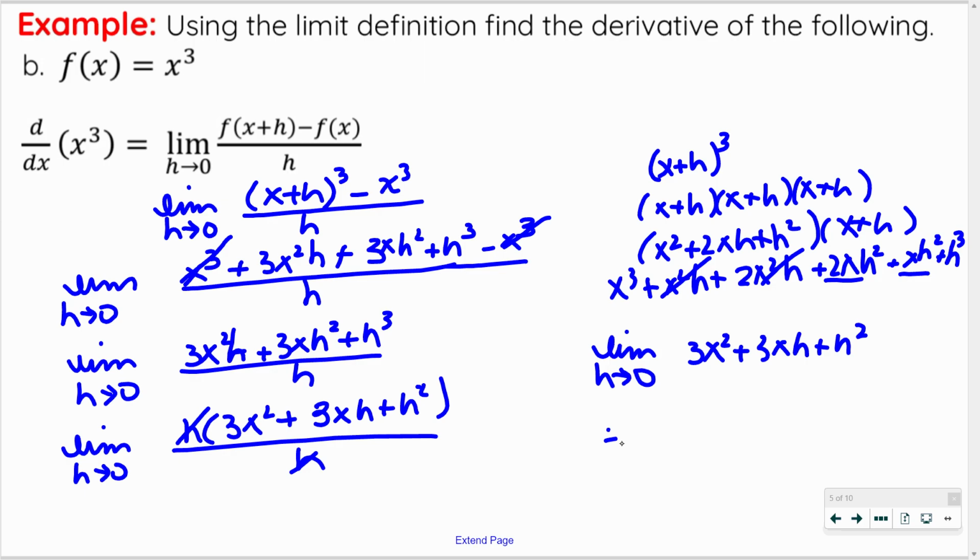So I'm ready to substitute in my h as 0. So I get 3x squared plus 3x times 0, h squared, 0 times 0 is 0. So really my derivative altogether is just 3x squared. Okay, a lot of work for such a simple little derivative.